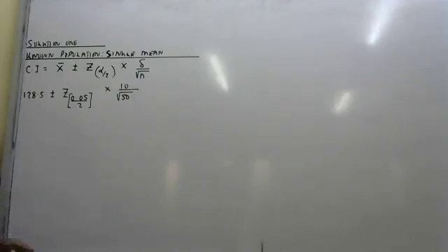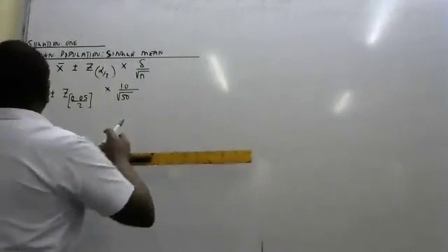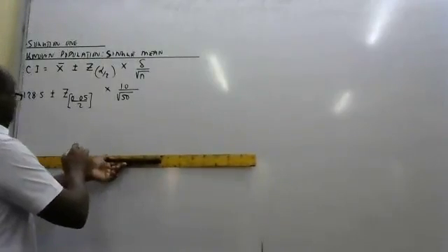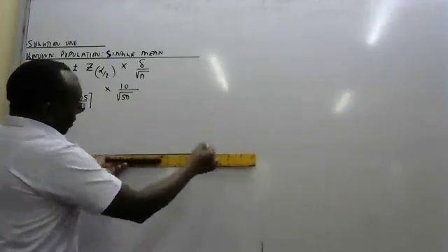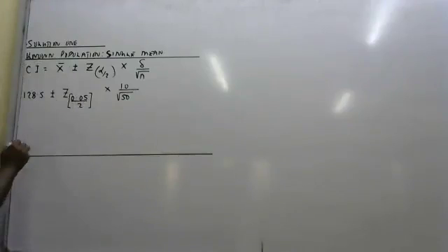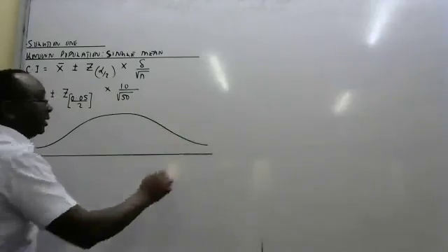Now, this is the formula I've given you a while ago: point estimate plus or minus the standard error times the critical value. Maybe to help you visualize what we are doing, at this point I want us to draw a small diagram, although this is not very necessary. You will not be drawing, but at least for you to connect quickly, draw a diagram like this, normal.